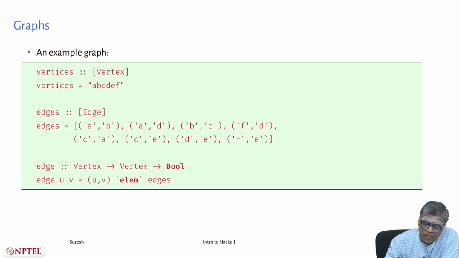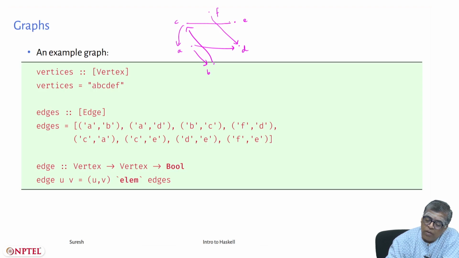So let's try to draw this graph. A, B, C, D, E, F, let's say. And I have an edge from A to B, A to D, B to C, F to D, C to A, C to E, D to E, and F to E. That's my graph.